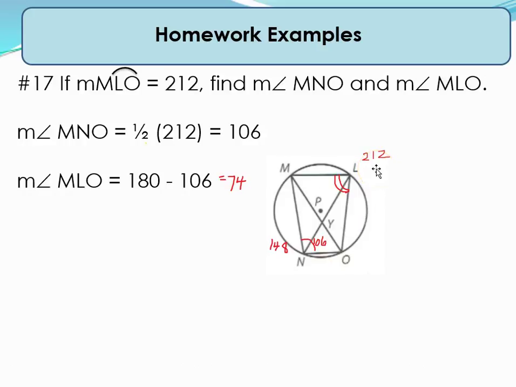I prefer my method to what the book was going to introduce. So the whole circle is 360 degrees. If we subtract the 212 from the arc MLO, you have 148. And MLO is intercepting the arc that's 148 degrees, so 1/2 of that is 74. The book also used supplementary angles, and they subtracted 106 from 180, and they got 74. So there's more than one way to do that.